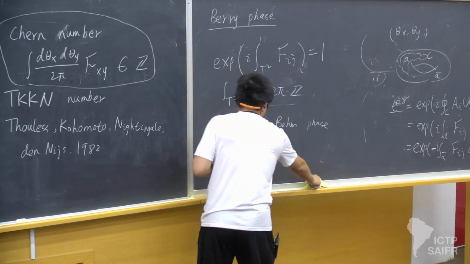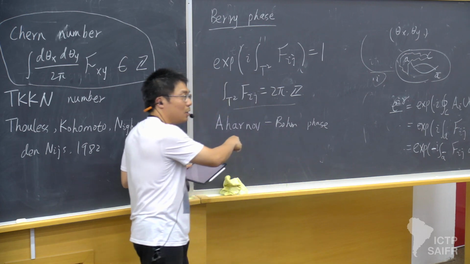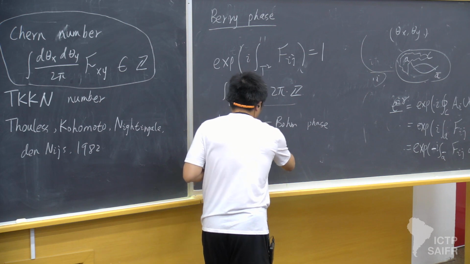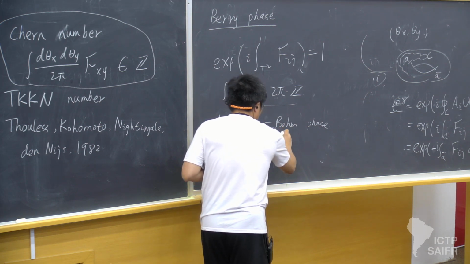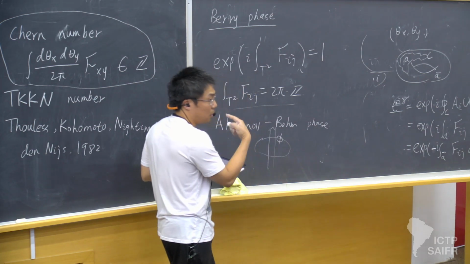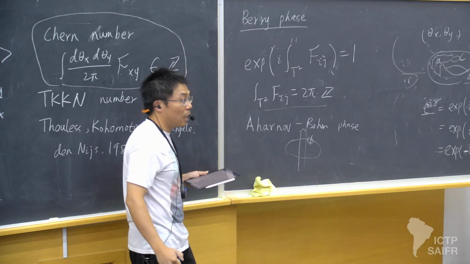I think you should have learned this in quantum mechanics. So let's say we have some magnetic flux in the system, phi, and then I have some particles encircling that magnetic flux, right?